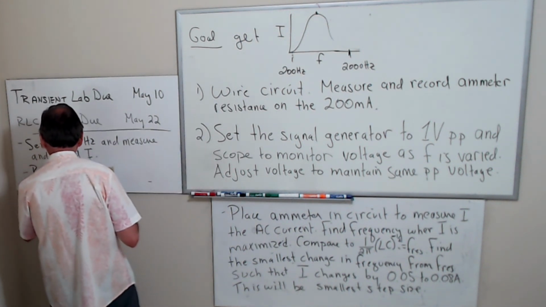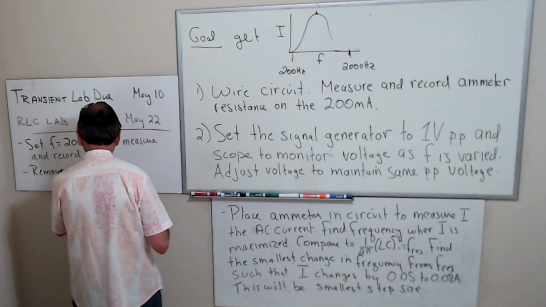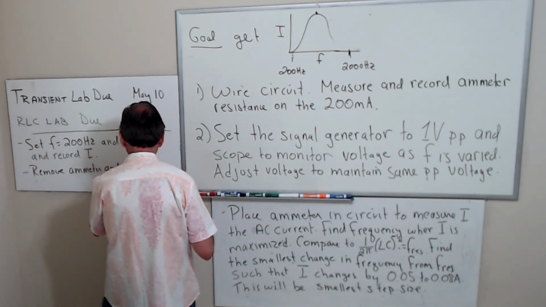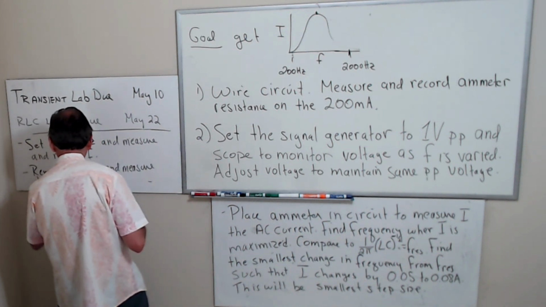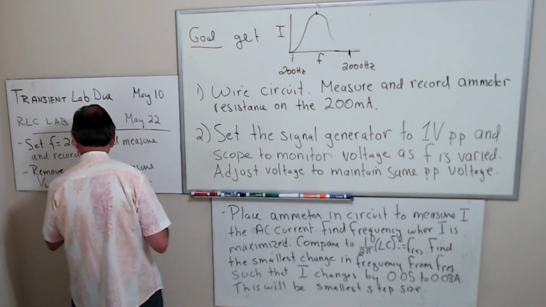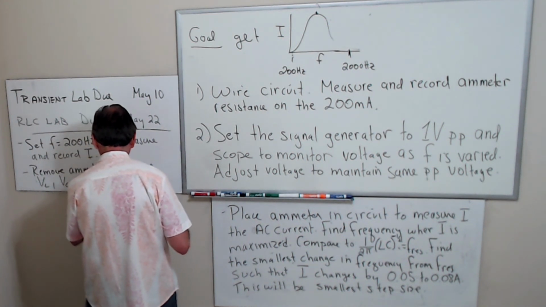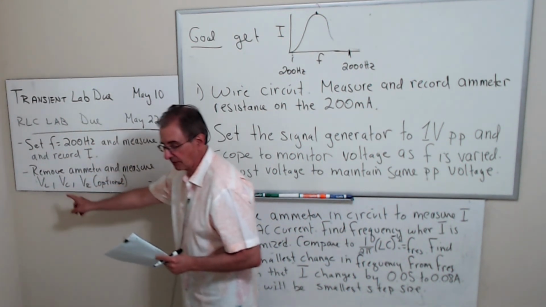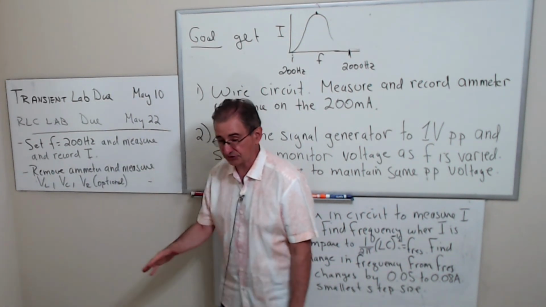Remove the ammeter and measure V sub L, V sub C. Measure the voltage across the inductor, measure the voltage across the capacitor, and it's optional if you want to measure the voltage across the resistor.